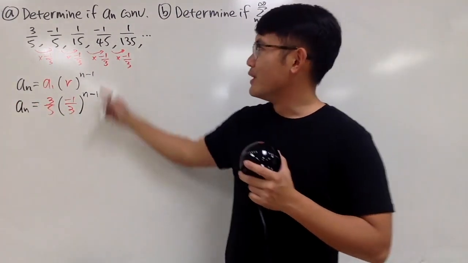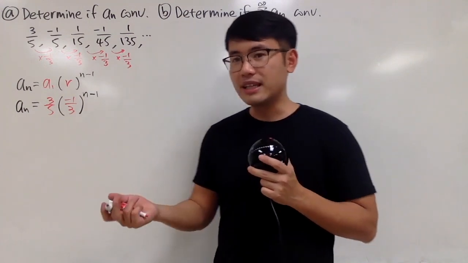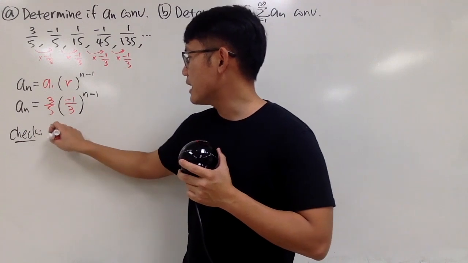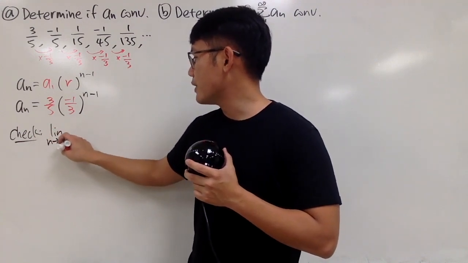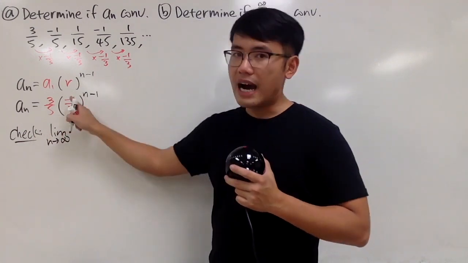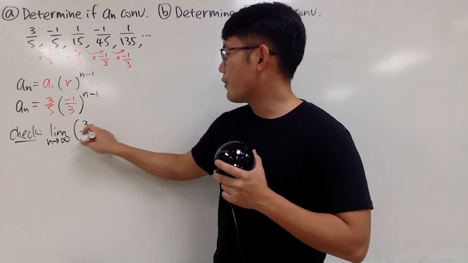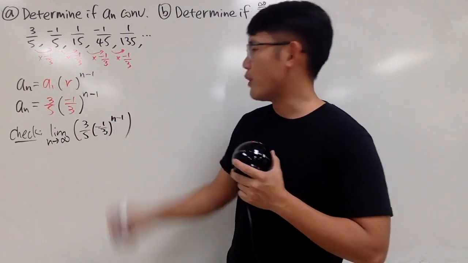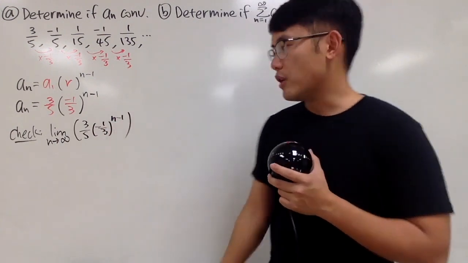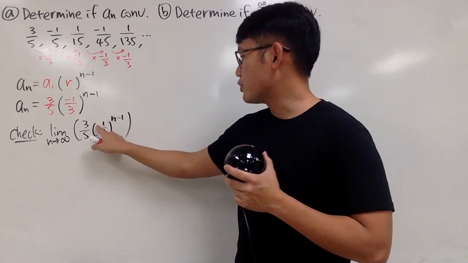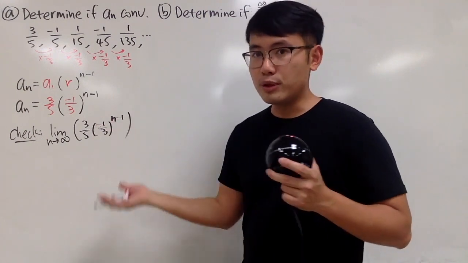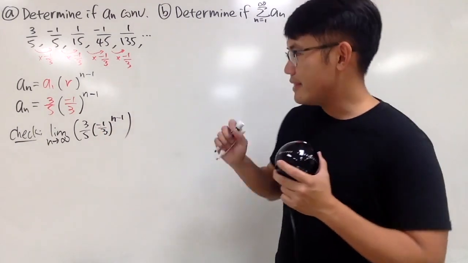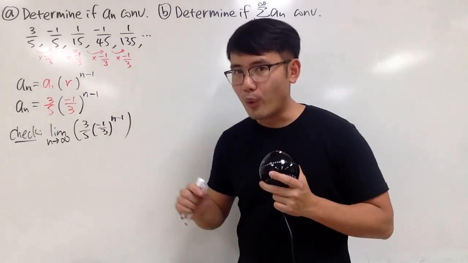Now, to see if this converges or not, we have to take the limit. Therefore, we're going to check the limit as n goes to infinity of 3/5 times -1/3 raised to the n-1 power. Here is the deal. Notice that this is like an exponential situation, a geometric exponential, because you have the base being a number and then the n in the power.